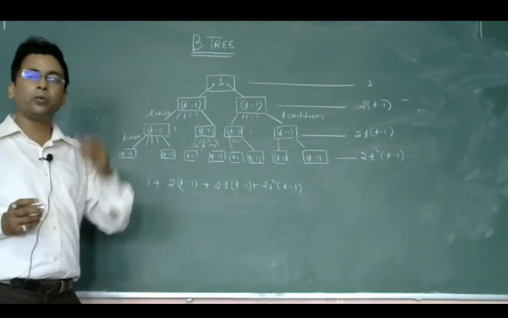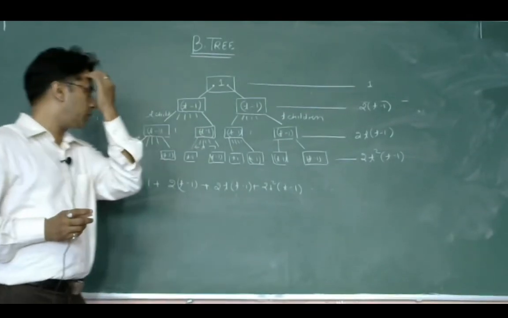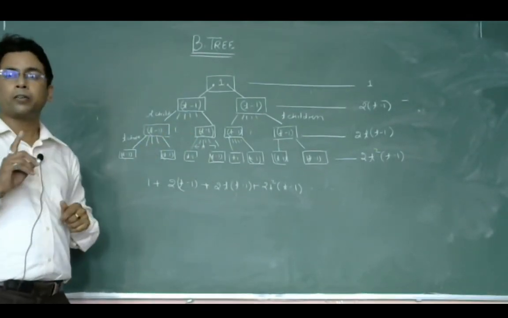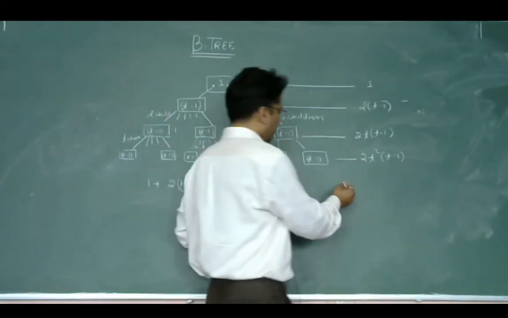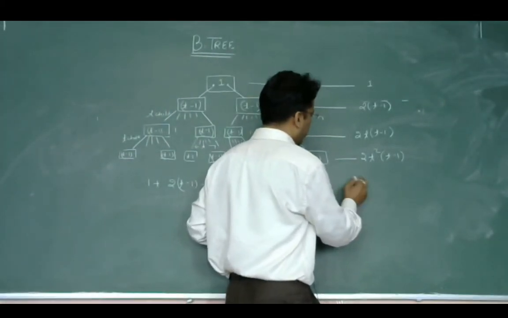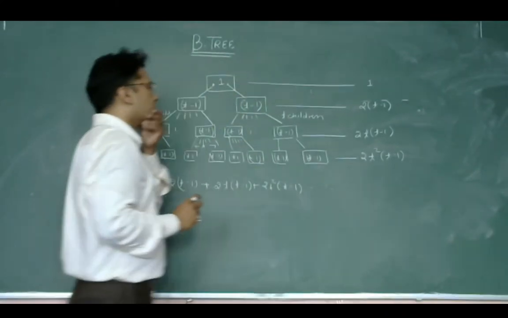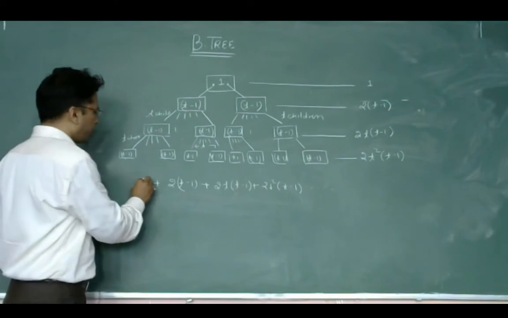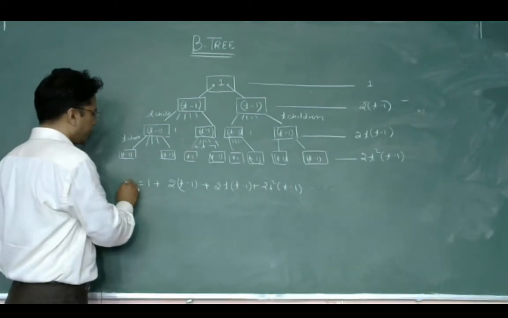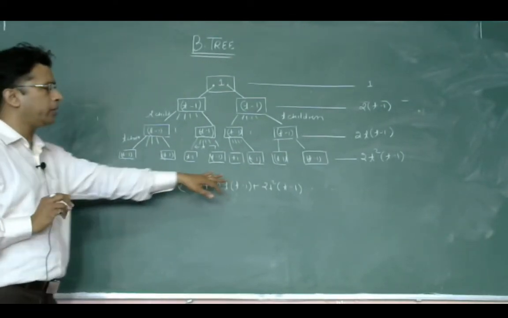And we know that the total of this is less than or equal to n. This will go up to the height of the tree. So this will be a geometric series, and the total number of elements is n.